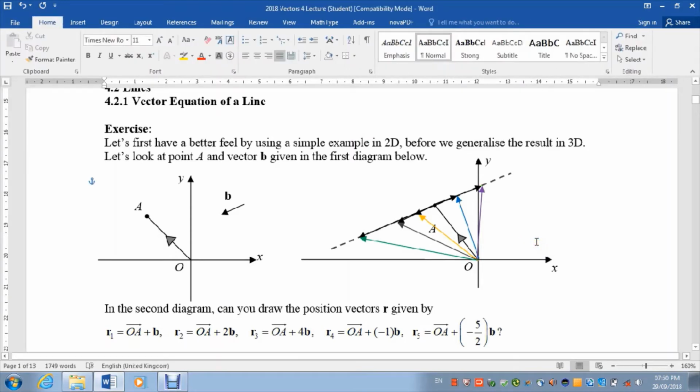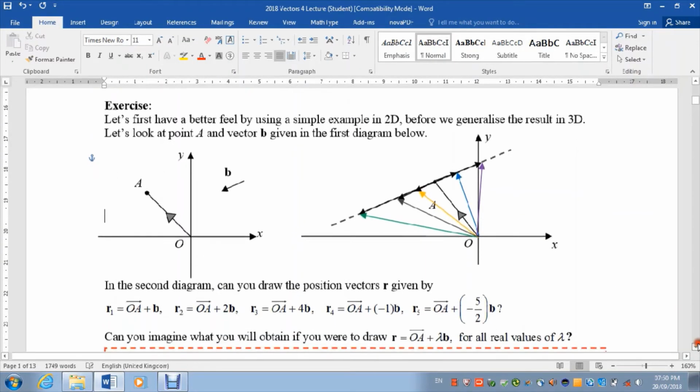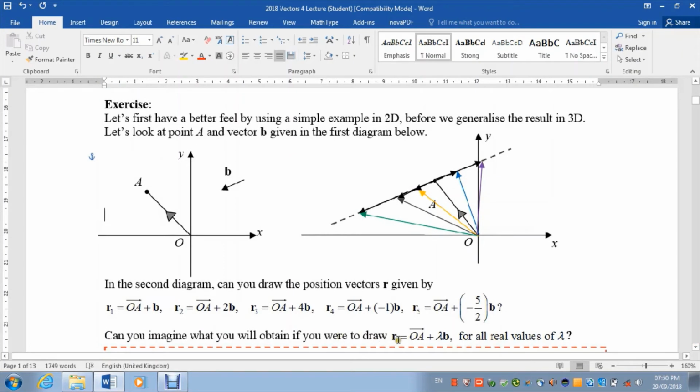Now, can you imagine, if you are to draw many position vectors R, which is OA plus lambda B, and lambda can be any real value, what do you think you will get?